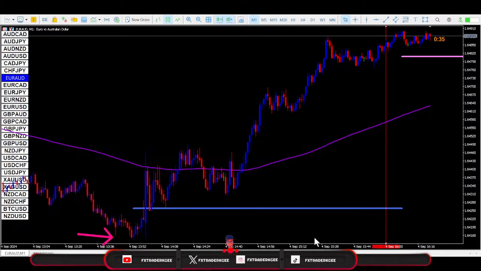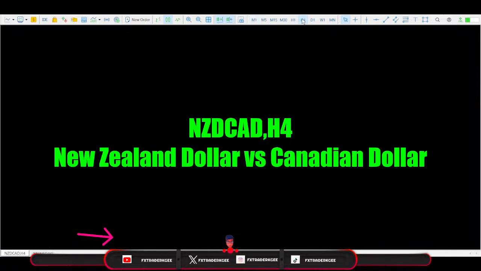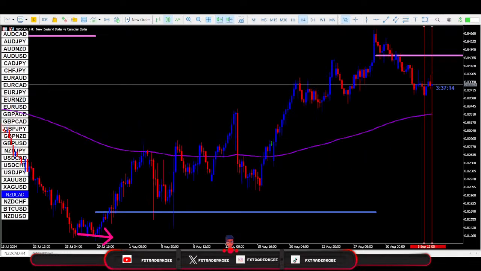And in a different manner for New Zealand versus the Canadian dollar. Those ones that I mentioned just now are also focusing on the downside. So I want to talk about this, that's why I took it separately.